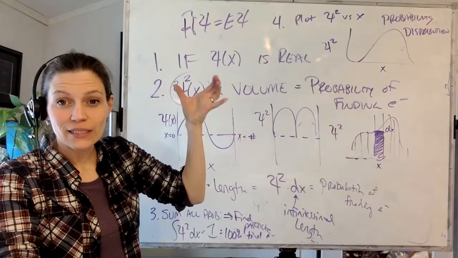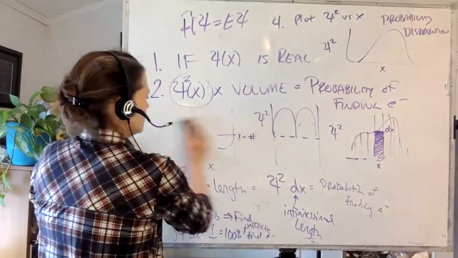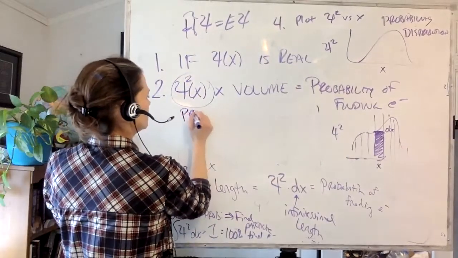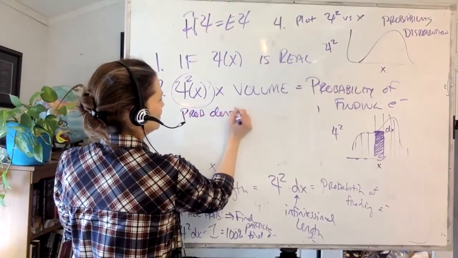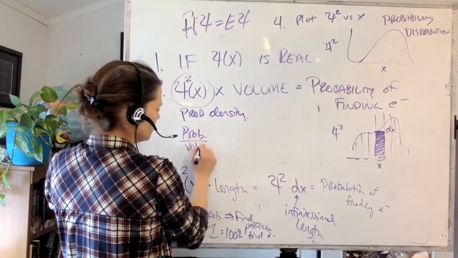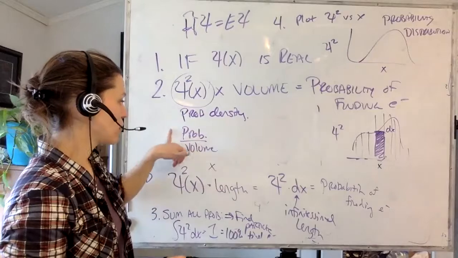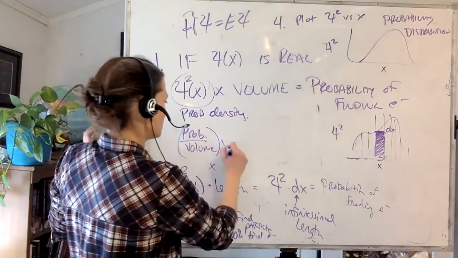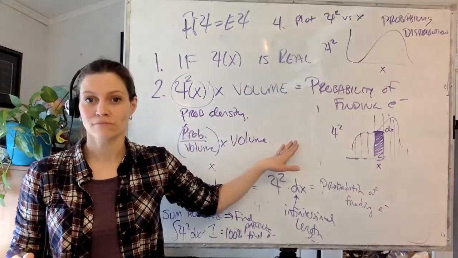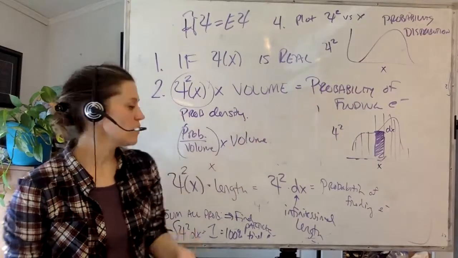Density is mass over volume, so instead of mass density, it's probability density, which you can think of as probability per volume. Probability density times volume equals the probability of finding the electron.